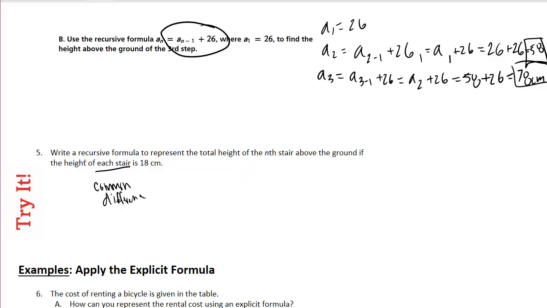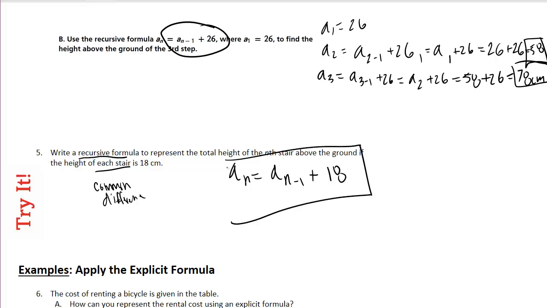But in this case, we're asked to find the recursive formula. So that formula is a sub n is equal to a sub n minus 1 plus your common difference. In this case, my common difference was 18. So that would be the recursive formula expressing this arithmetic sequence.